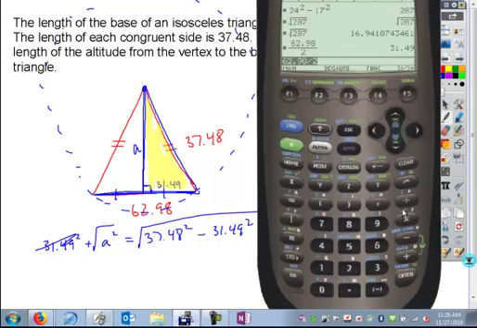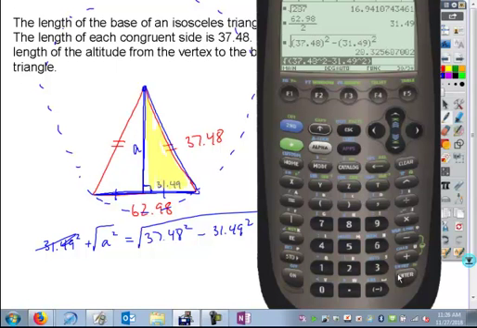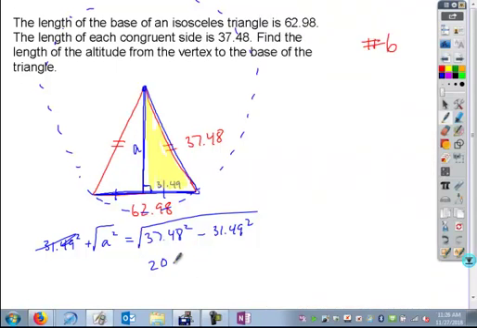So I'll do that all in one calculation: the square root of 37.48 squared minus 31.49 squared. Again, I want the decimal form, so I've entered a decimal. It'll display it in decimal form. And so I get approximately 20.33 as my value for A.